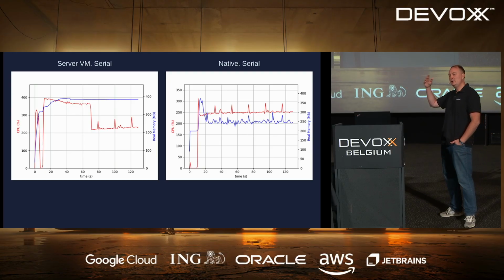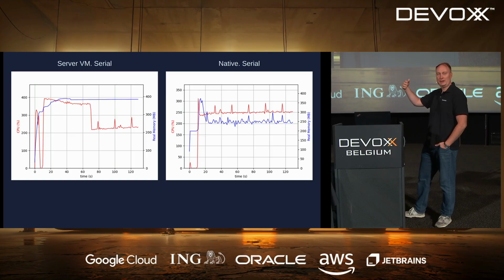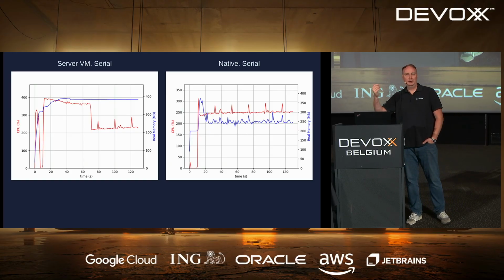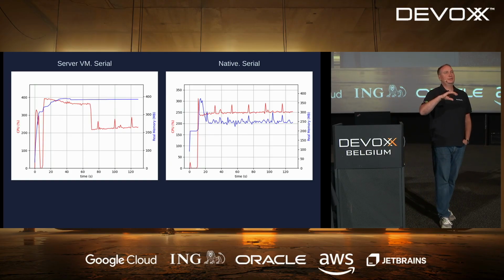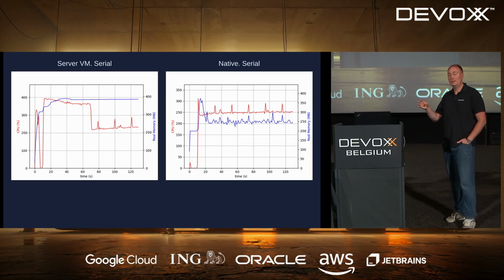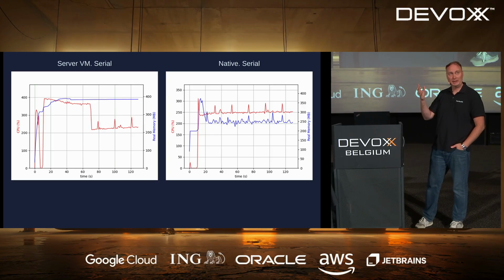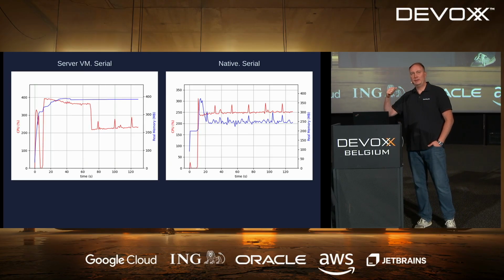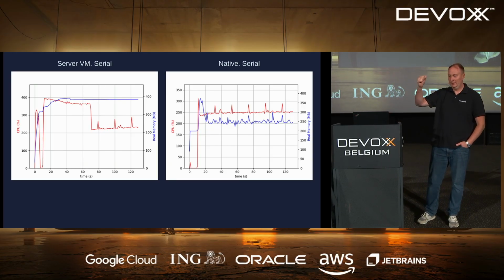We still have some initialization, right? The application starts normally. Maybe some simple initialization happened ahead of time, but most of it still happens at runtime. So we have some spike in the beginning.